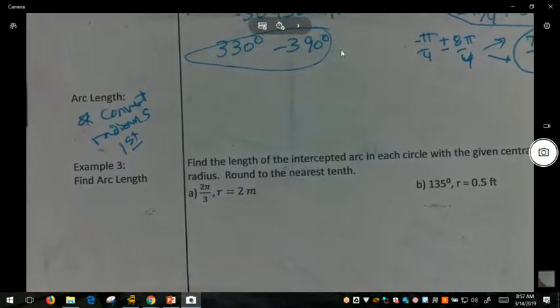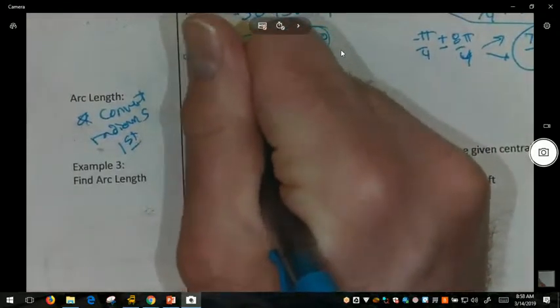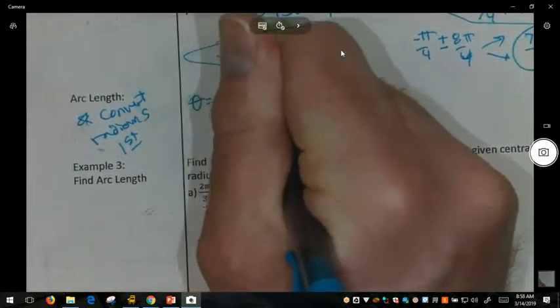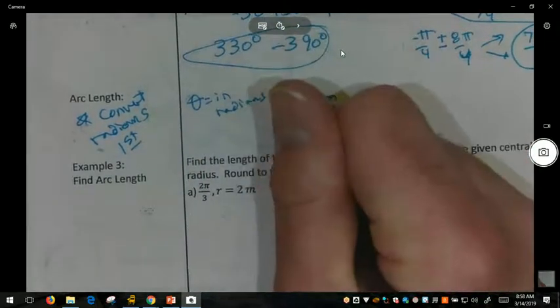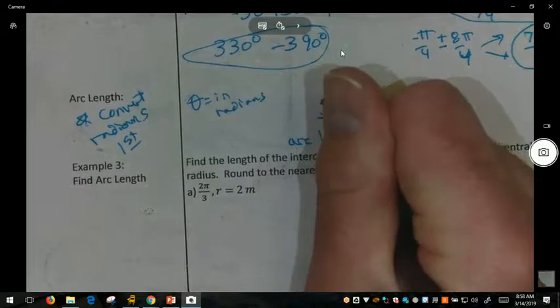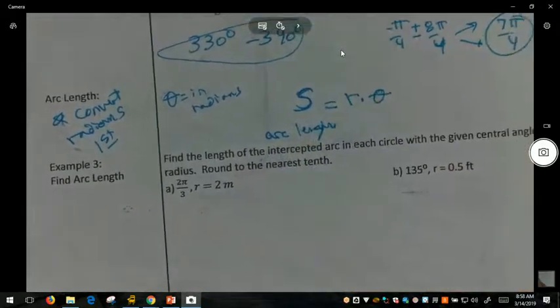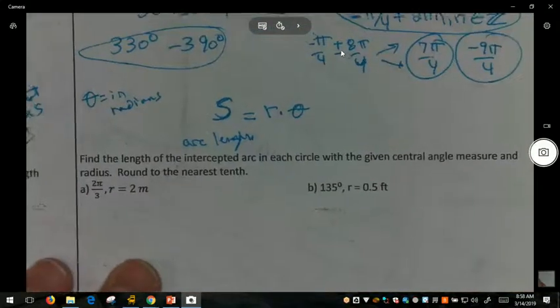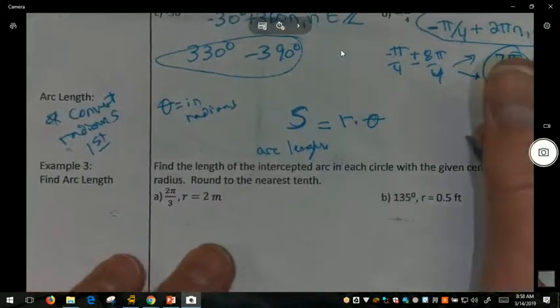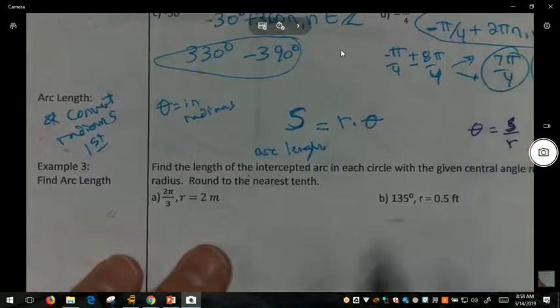The formula when theta is in radians is that S, which is the arc length, equals R times theta. This will make sense because if you remember that in terms of radians, the angle theta is really the arc length divided by the radius.